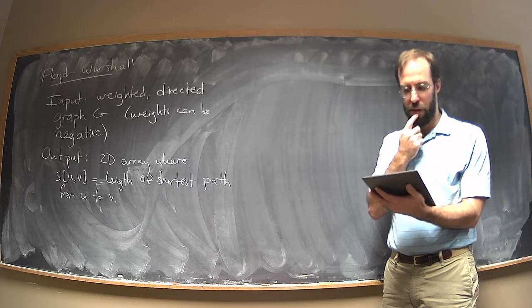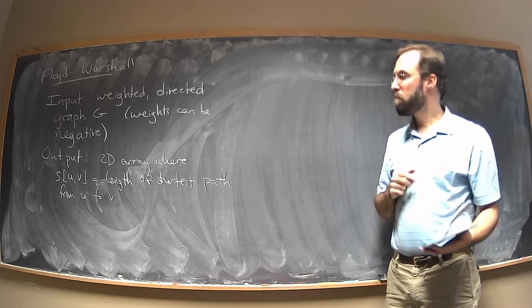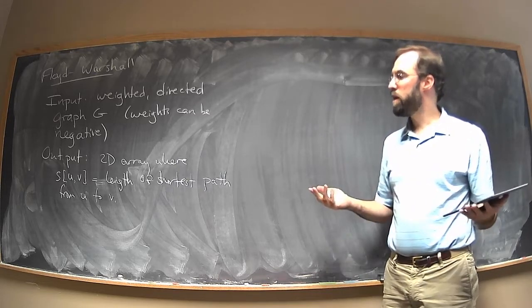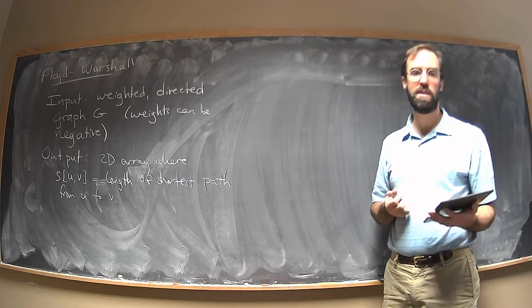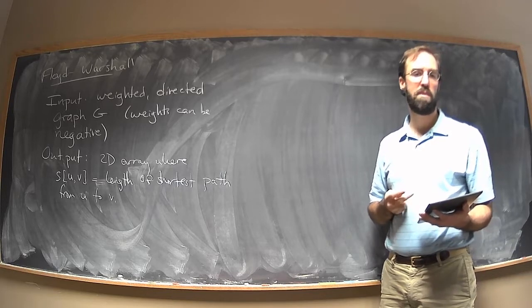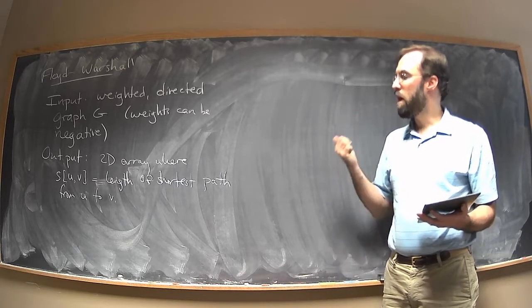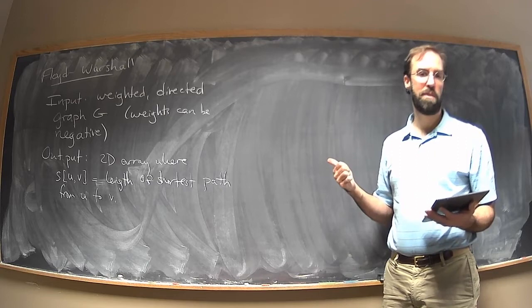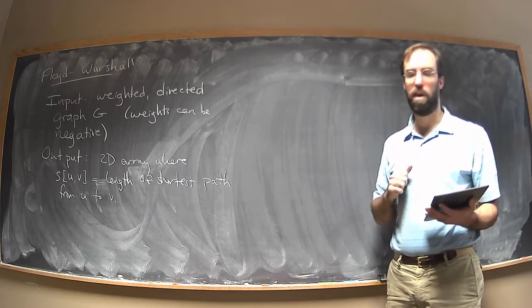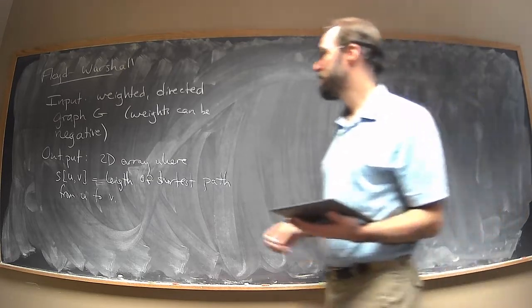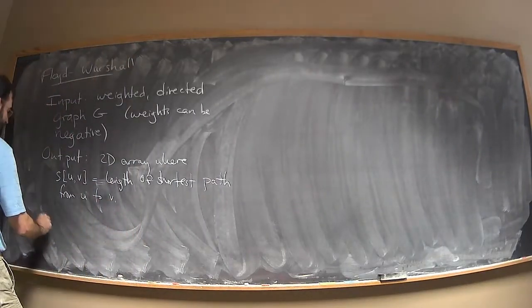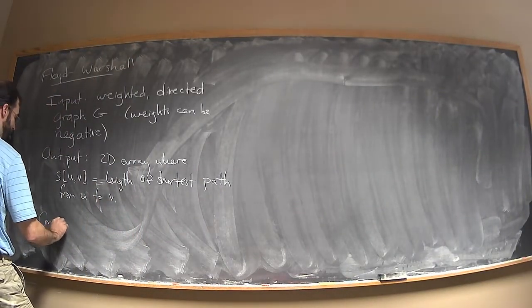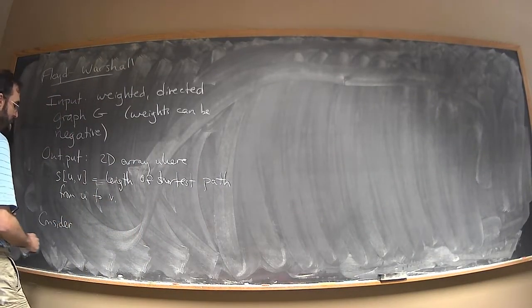So how are we going to do this? We've been talking about dynamic programming, and this is essentially a dynamic programming algorithm. As typical, we're going to introduce another parameter to help us look at subproblems. In particular, I'm going to add a parameter k.